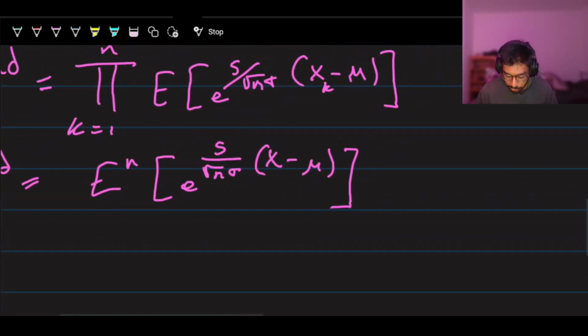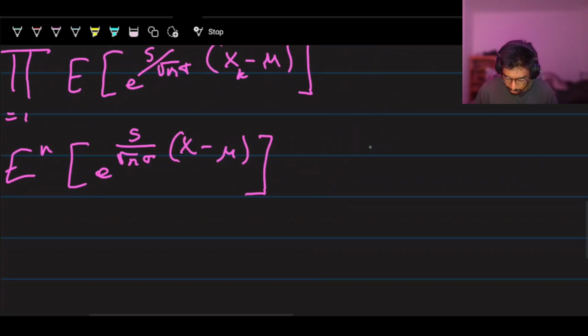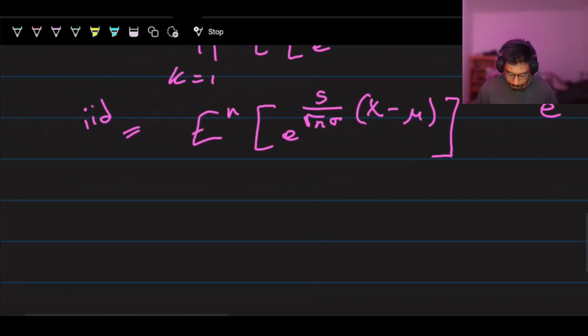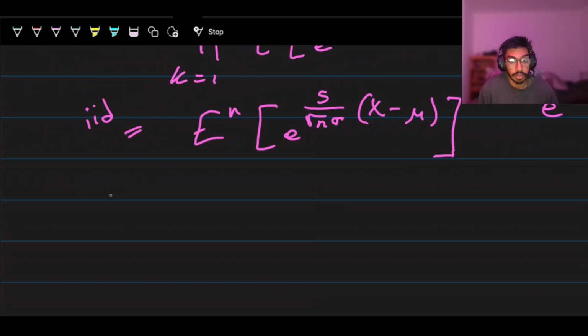The Taylor expansion of e to the x is the sum of x to the i over i factorial, so we can take the Taylor expansion of the terms and keep the expectation and the power on the outside.